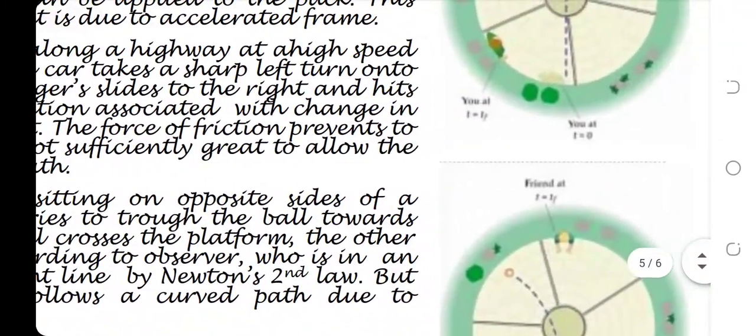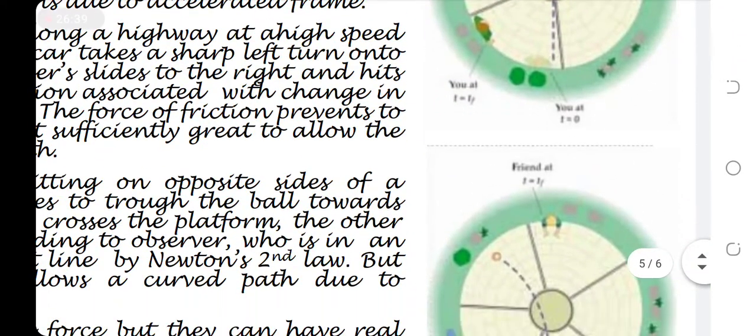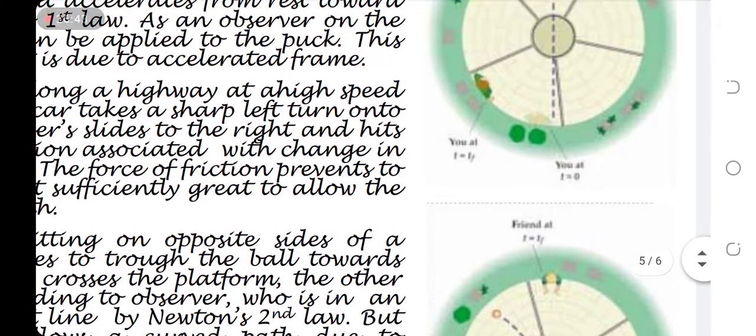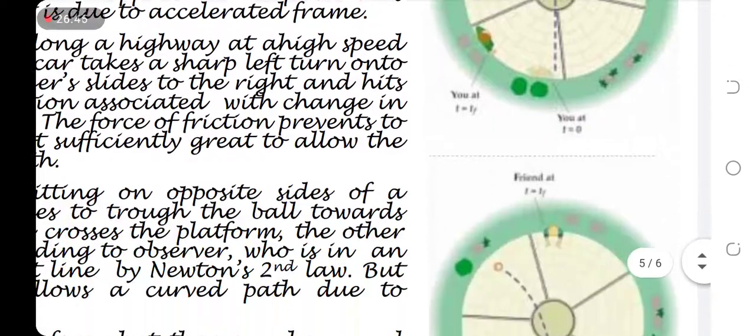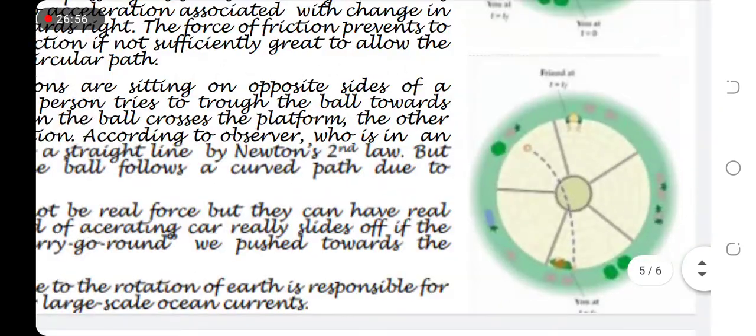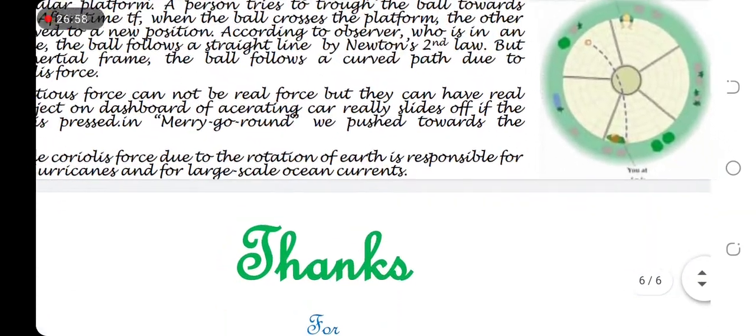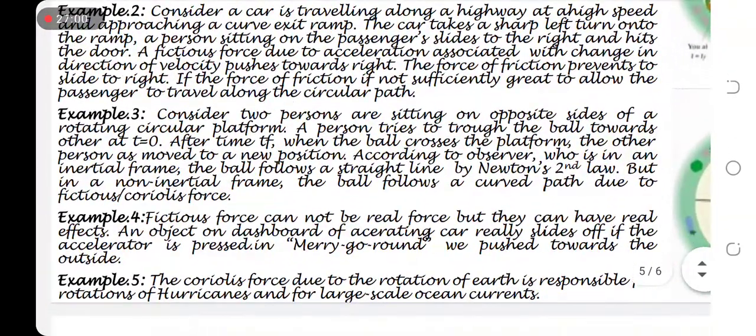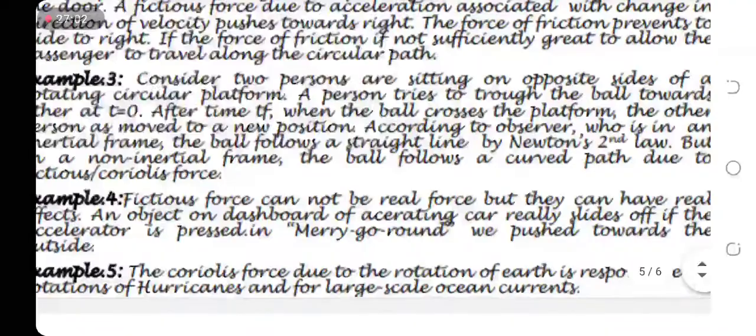If we say that the tabletop is inertial, then it must follow the straight line as shown in this figure. If it is in an accelerated frame, then the ball must follow the curved path as shown in the second figure. The curved path followed is due to the fictitious force.